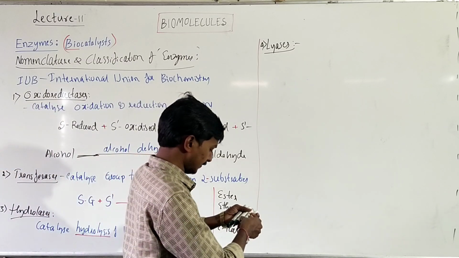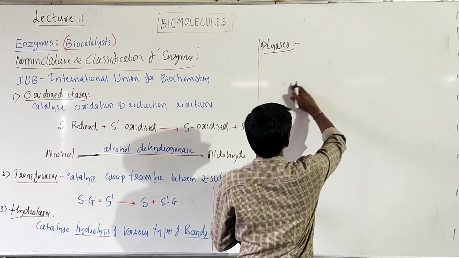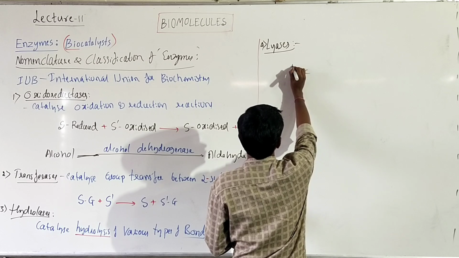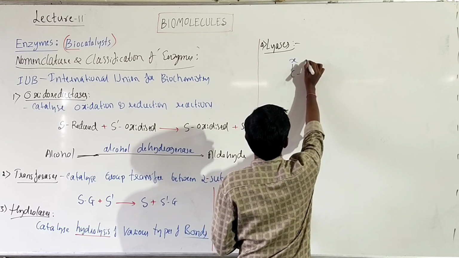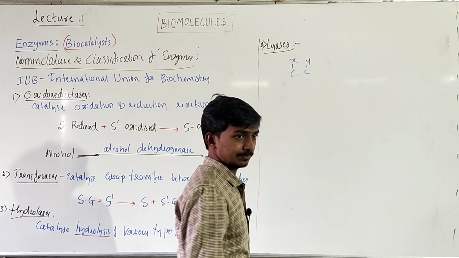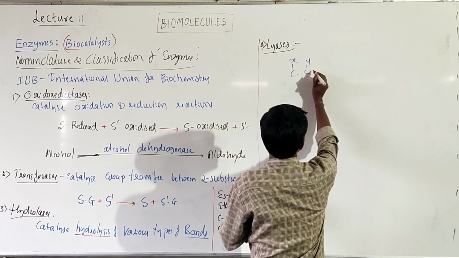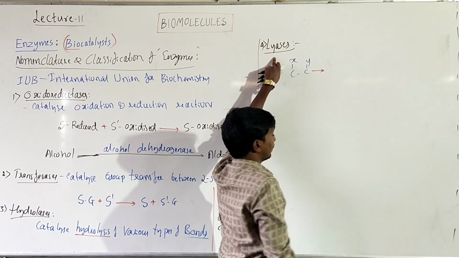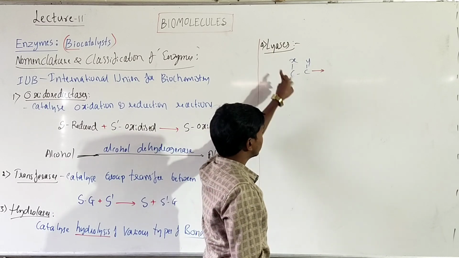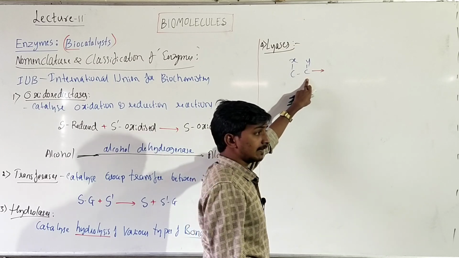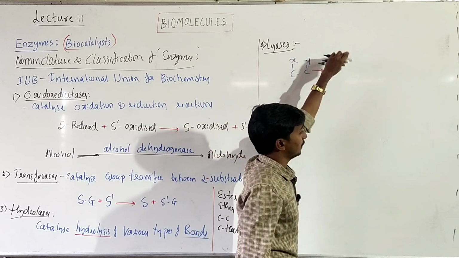For example, here we have carbon, we have X, we have Y. This is a compound. This lyases will not disturb this bond, but just they will keep these two things away.